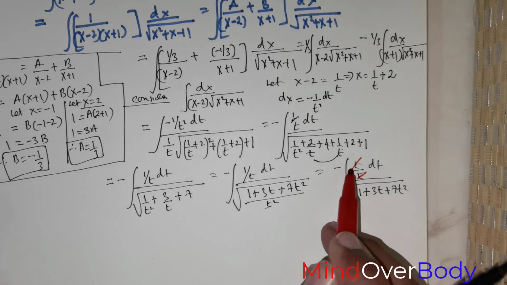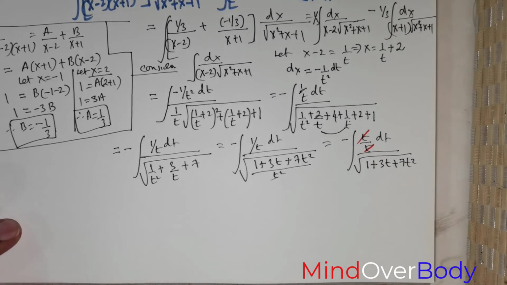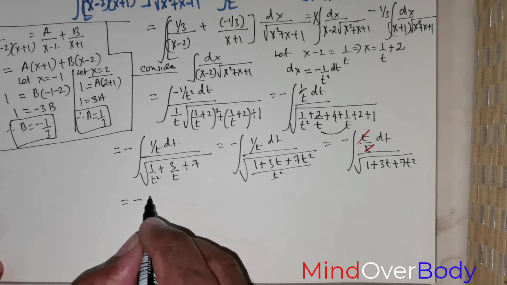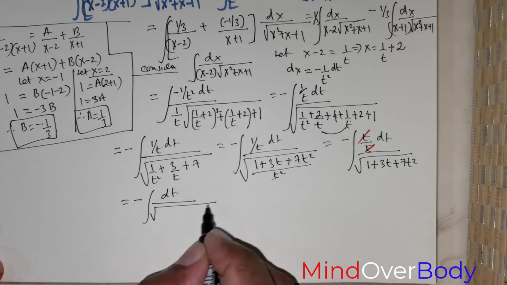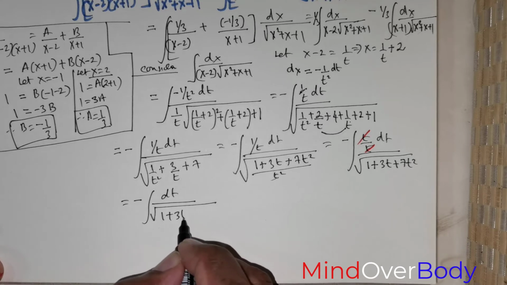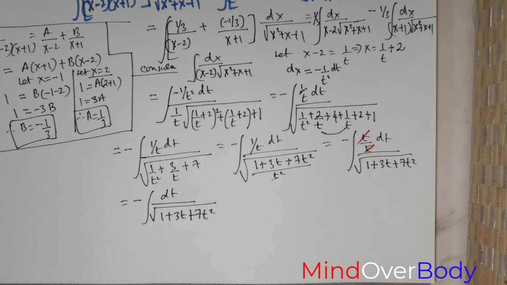So clearly these two can be cancelled, and that would give me negative integral dt over root of 1 + 3t + 7t². Now we will have to solve this.